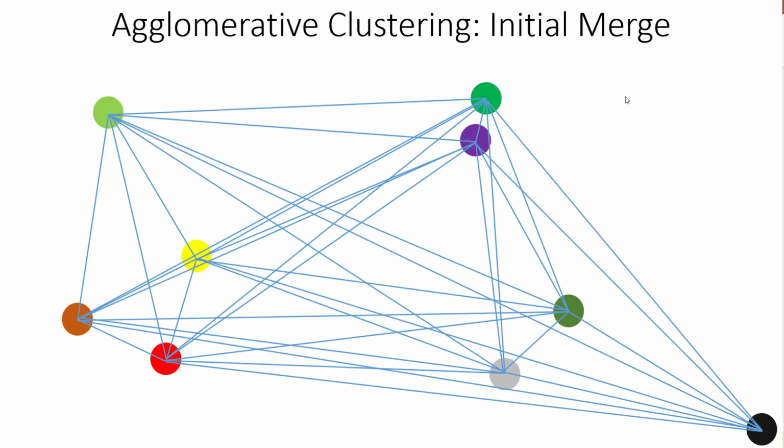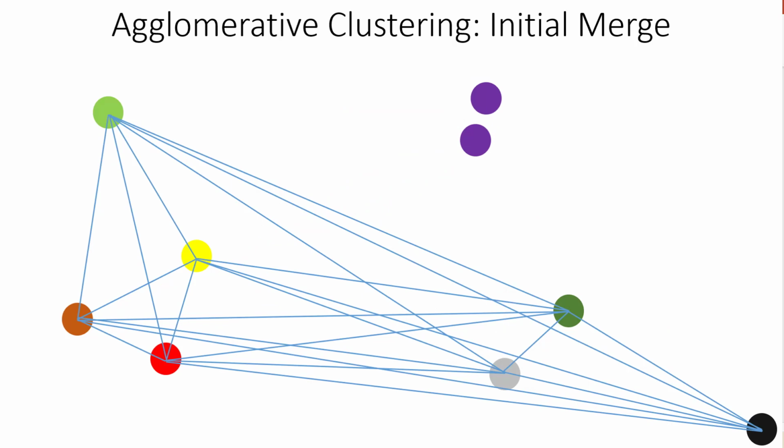So these lines are going to measure the distance apart these two are, and we just want to find the shortest line, which is between the green and the purple. Since that's our shortest line, we'll go ahead and merge them together into a new cluster.